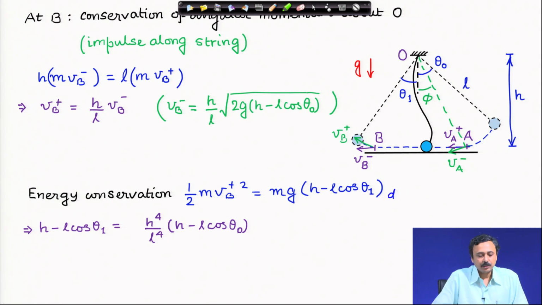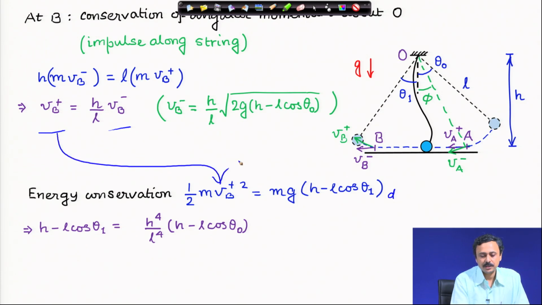If you substitute the expression of v b minus here and calculate v b plus, substitute that v b plus here, and finally do simplifying cancellations on both sides, you will get this relation.